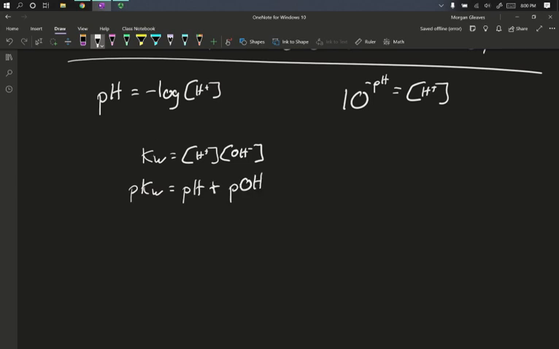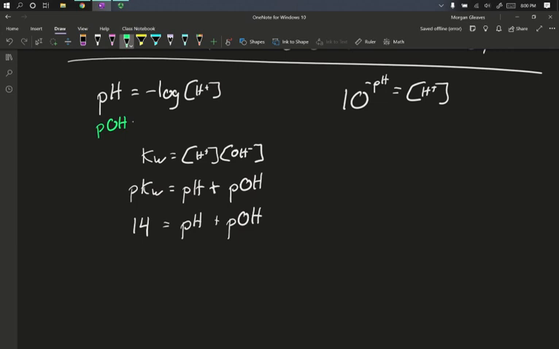The negative log of 10 to the minus 14 is 14 for pure water at room temperature. So pKw is 14, and 14 must equal my pH plus pOH, which is just the negative log of the OH minus concentration. And so we can create equivalent calculations here.